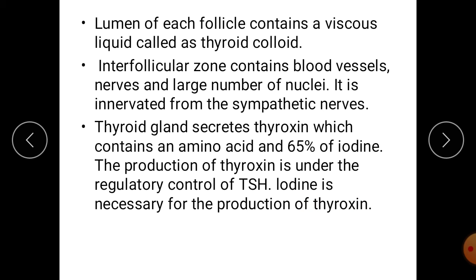Therefore, we take iodinated salt. Salt in the market now is iodinated. So thyroxine hormone is very essential for the maintenance of normal metabolic rate.